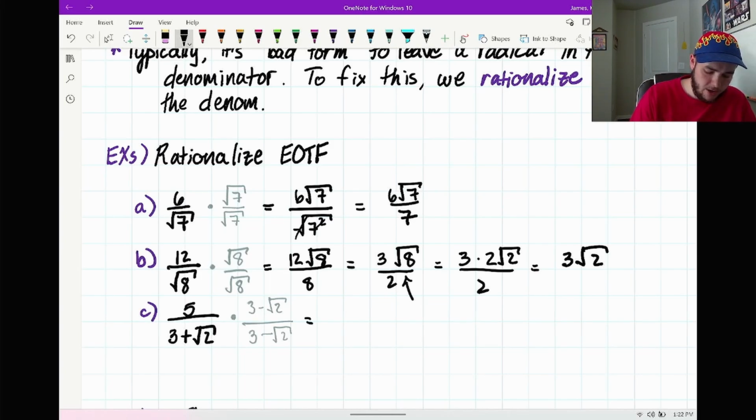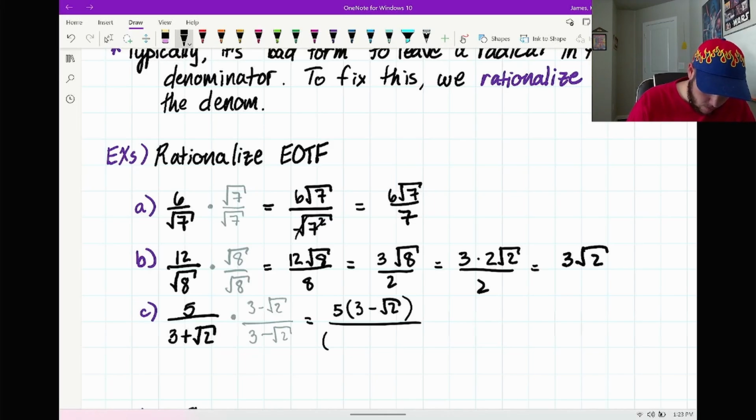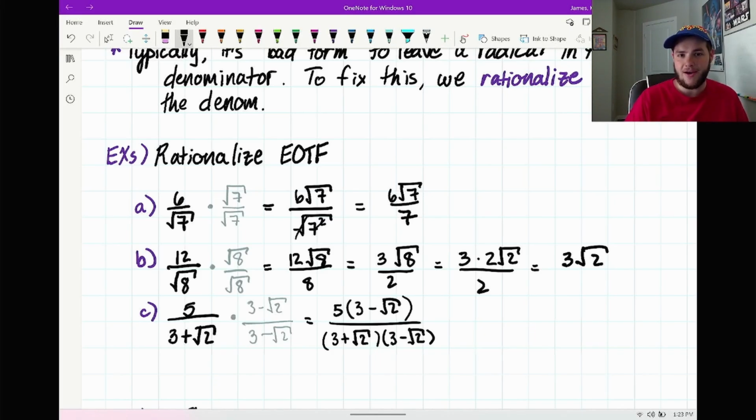For now, I'm going to leave the top alone. We'll come back to that guy in a minute. Oh, and I can get rid of this arrow here now. On the denominator, I've got this big old ugly mess. But I can FOIL this guy out.